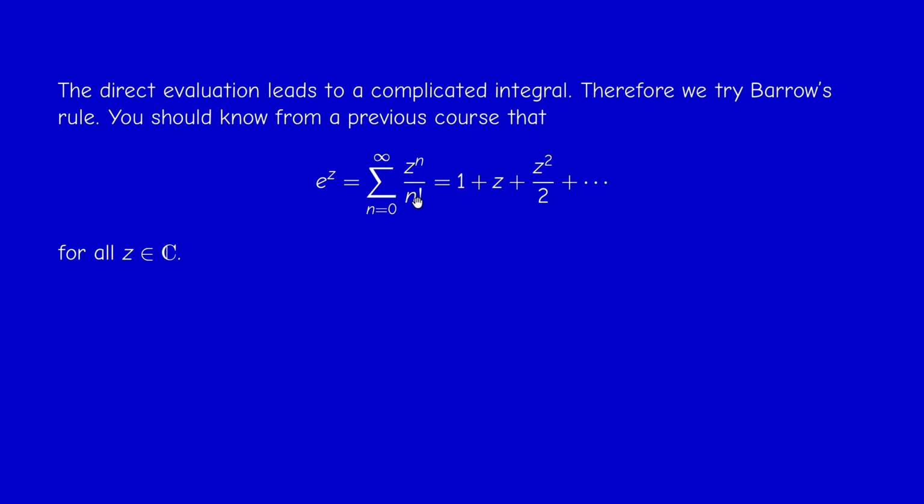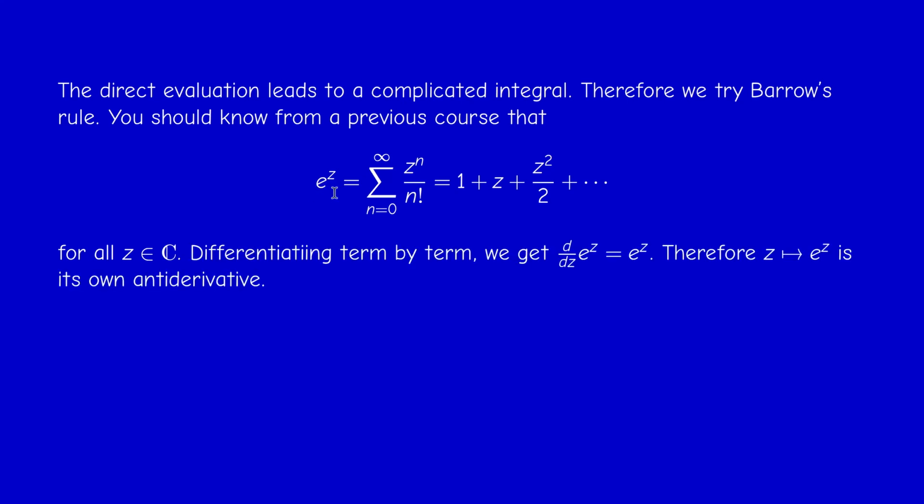So this is an important result that you shall use later. So this is the exponential, and therefore if you don't know or don't remember, when you differentiate term by term, because it's a convergent power series, you will get e^z actually, you get the same thing. So it means that e to the z is its own antiderivative.